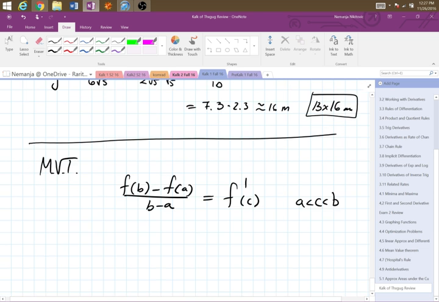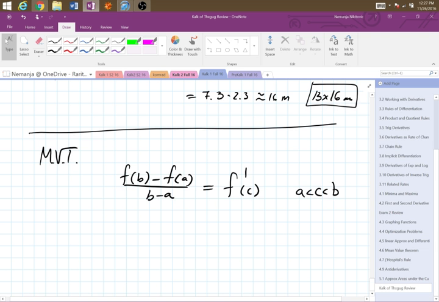So, I don't know. Find c for f of x equals x cubed minus 2x plus 1 on, I don't know, 1 to 5.